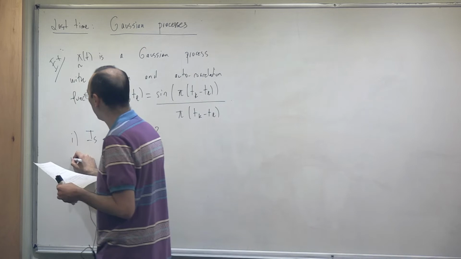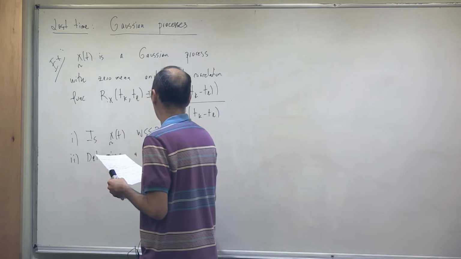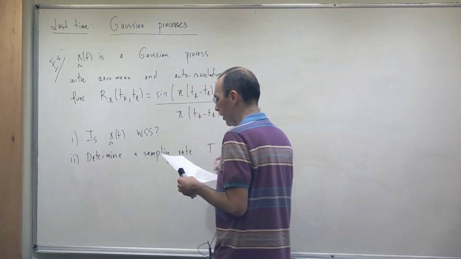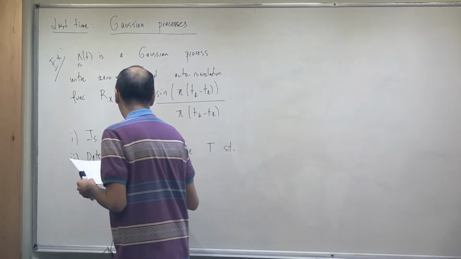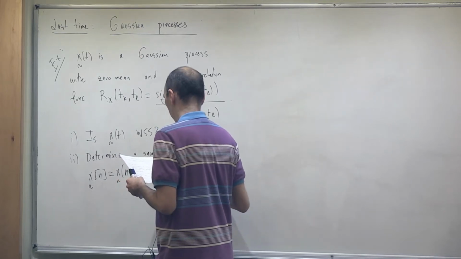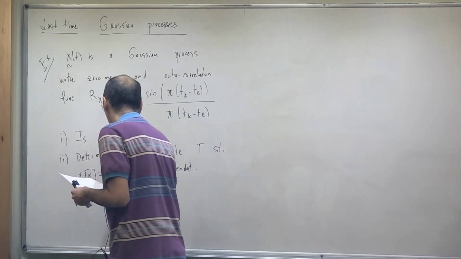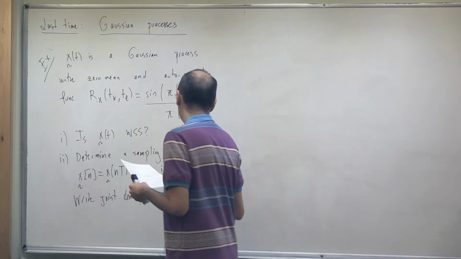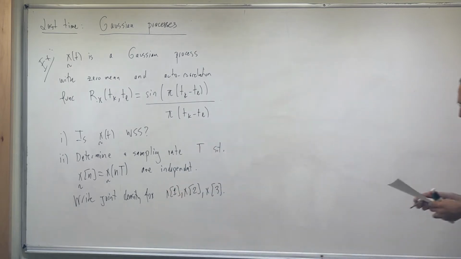Number two, determine a sampling rate T such that the samples of this process, x of nT, are independent, and write the joint density for the sampled process, first sample, second sample, and third sample.